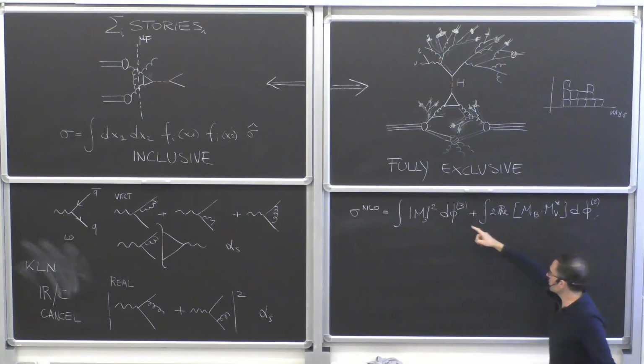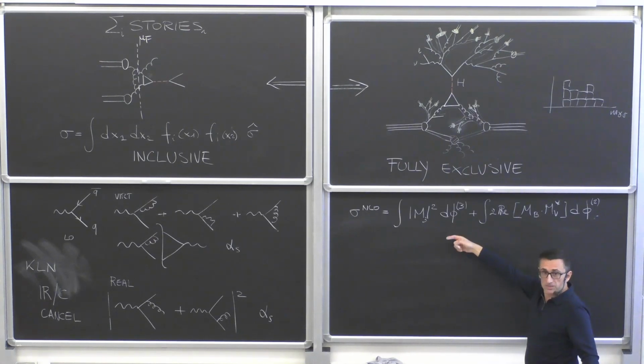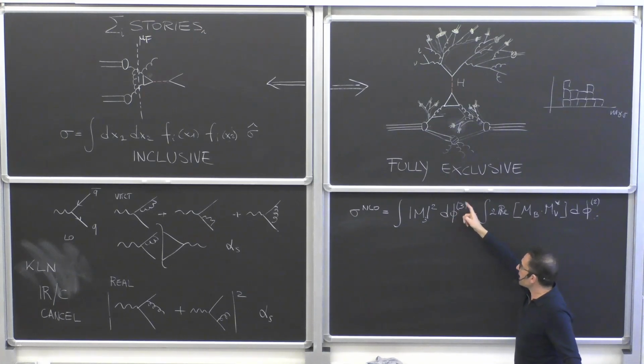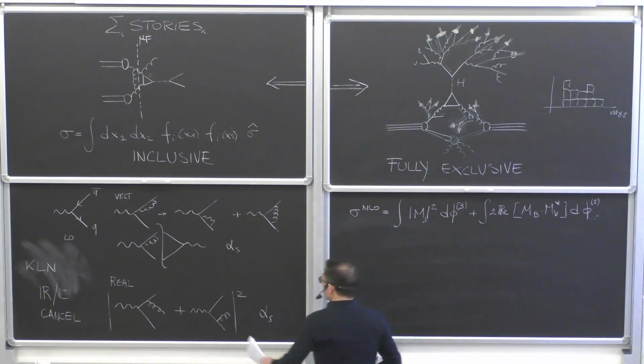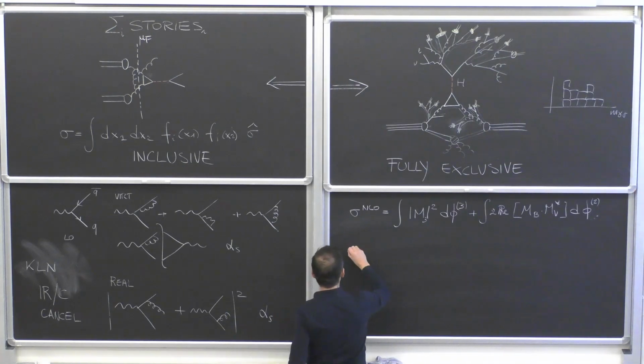I cannot put everything under the same integral and cancel at the integrand level, because they live in two different phase spaces. So I have to do part of the integral in such a way that I can take out this one-dimensional extra phase space, and then I can cancel the divergence.